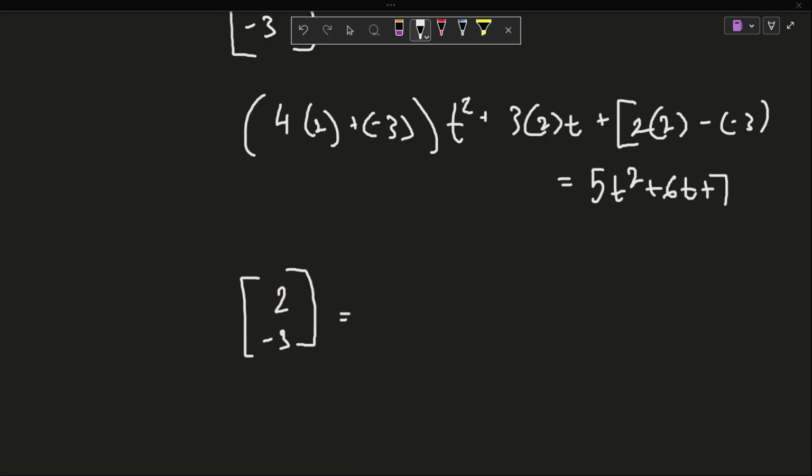that's going to equal, we're going to change our basis here.